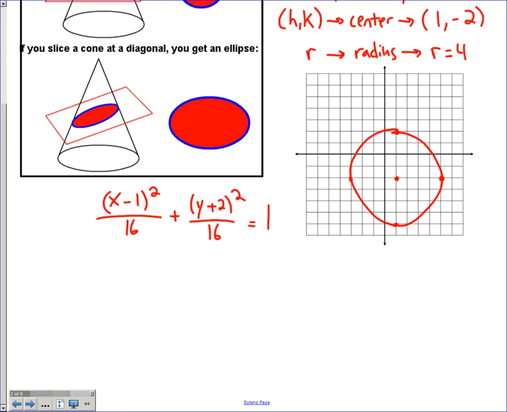Now it looks like it's in the form for an ellipse, except that we have a equal to b, which happens to be r. So if it's a circle, that's always going to be true. Your major and minor axes are exactly the same. They're just twice the radius, which happens to be the diameter.